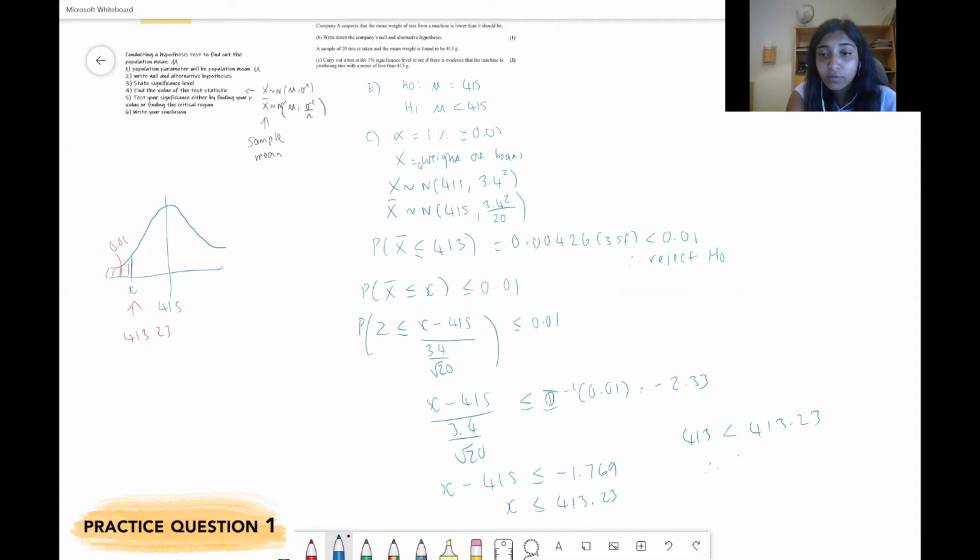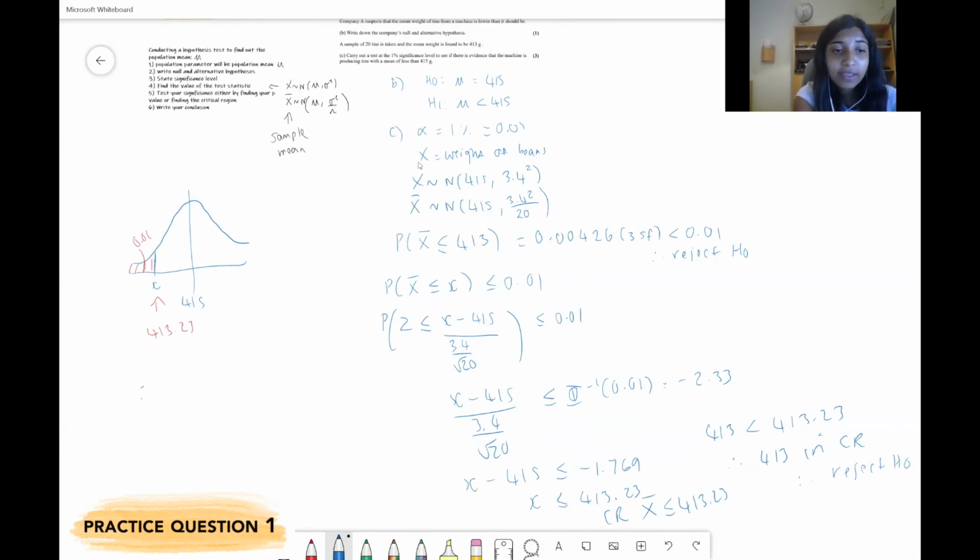Therefore 413 is in our critical region, as our critical region was values of the sample mean less than 413.23. So therefore you reject H0.